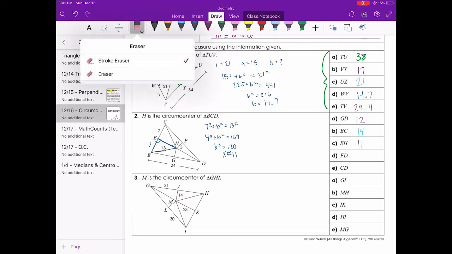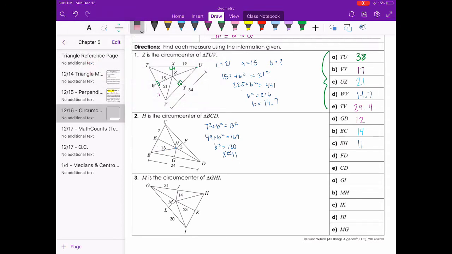All right, 2 more. The next one that they want me to find is FD, which is here. So now is where I know that the distance from the circumcenter to every vertex is the same. So essentially I have another leg. I'm missing this leg, FD, but I have the hypotenuse.